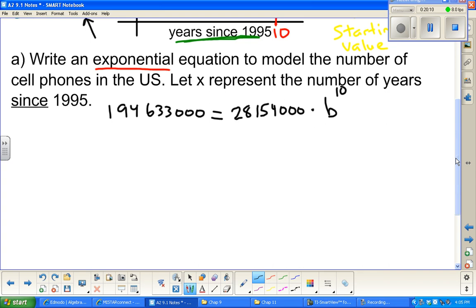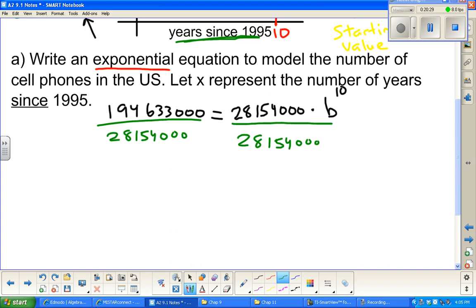Right now it's some big number equals some big number times b to the 10th power. So we are allowed to divide both sides. Let's divide by the 28154,000 on both sides. Let's throw that in a calculator carefully because there's a bunch of zeros. I got 6.913.